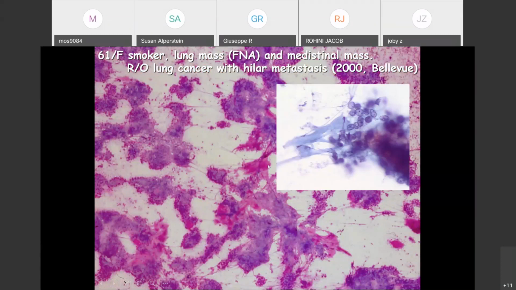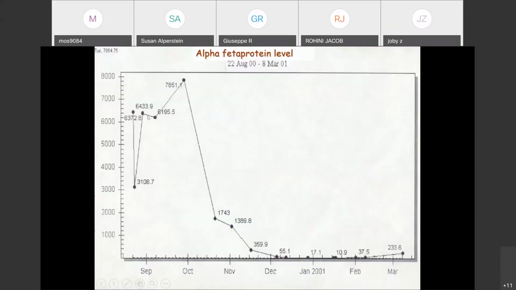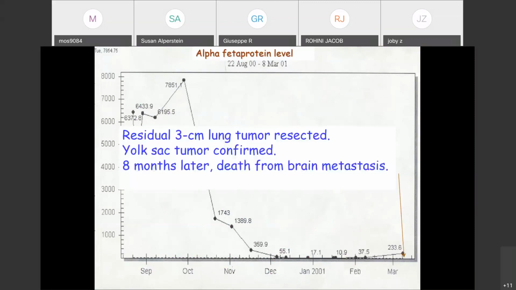So I told the clinician to check alpha fetoprotein. They thought I was crazy, but they did the serum alpha fetoprotein. After treatment, it broke down. A few months later they removed the residual tumor, and it confirmed yolk sac tumor.